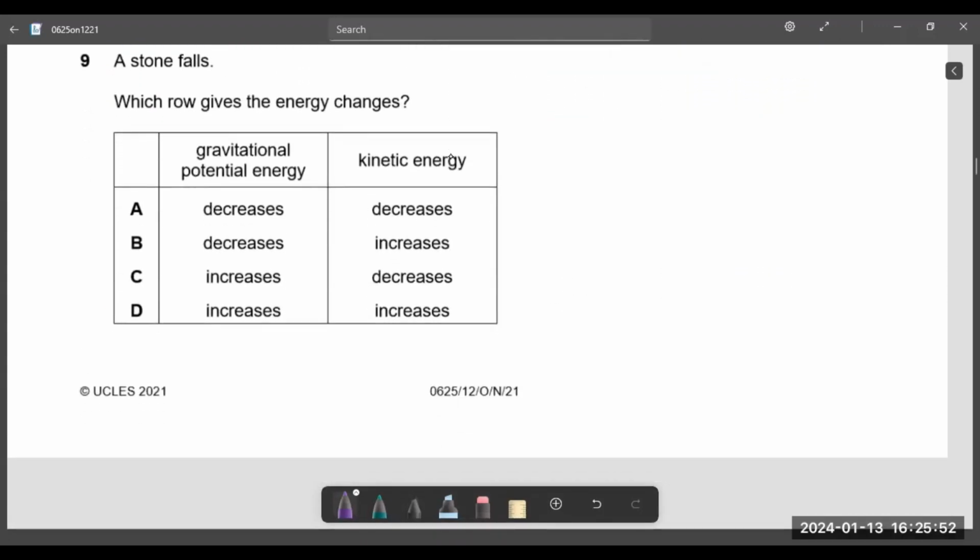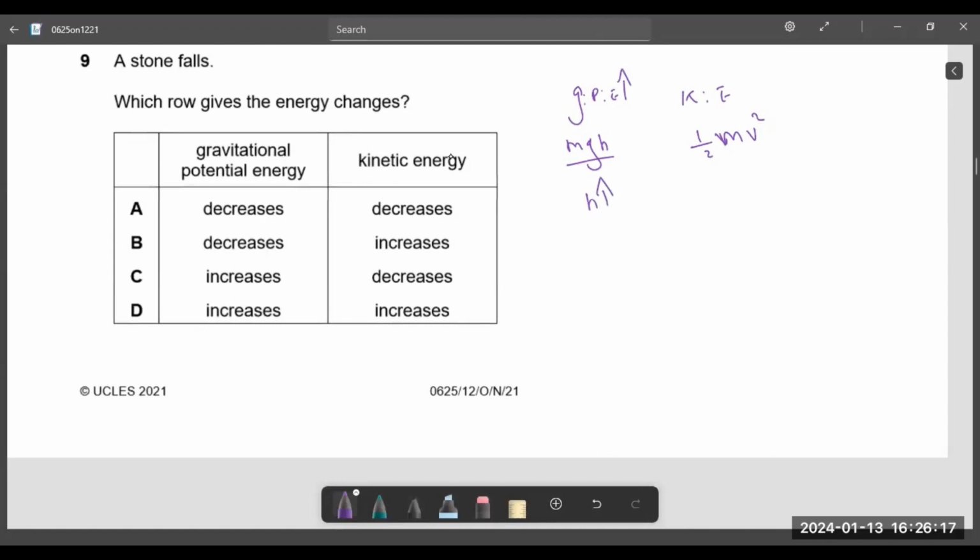A stone falls, which row gives the energy change? So here gravitational potential energy is there, kinetic energy is there. So it is mgh and this one is half mv square. So something is in height means gravitational potential energy will be more.